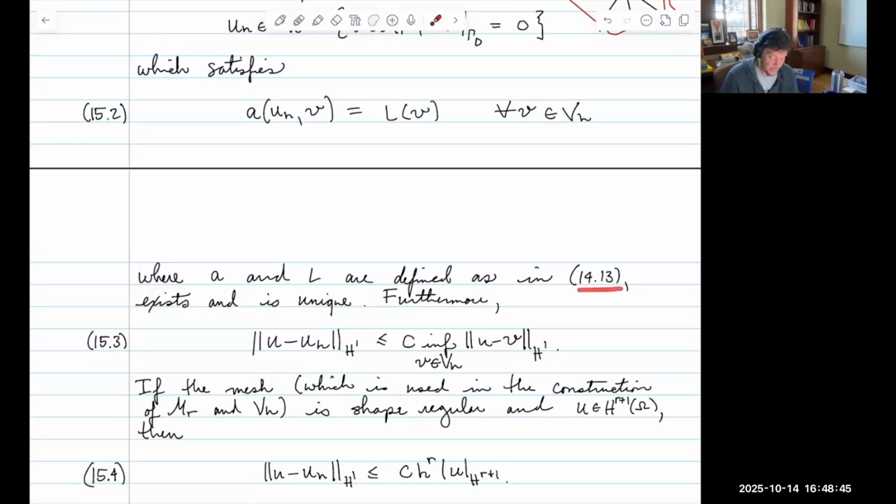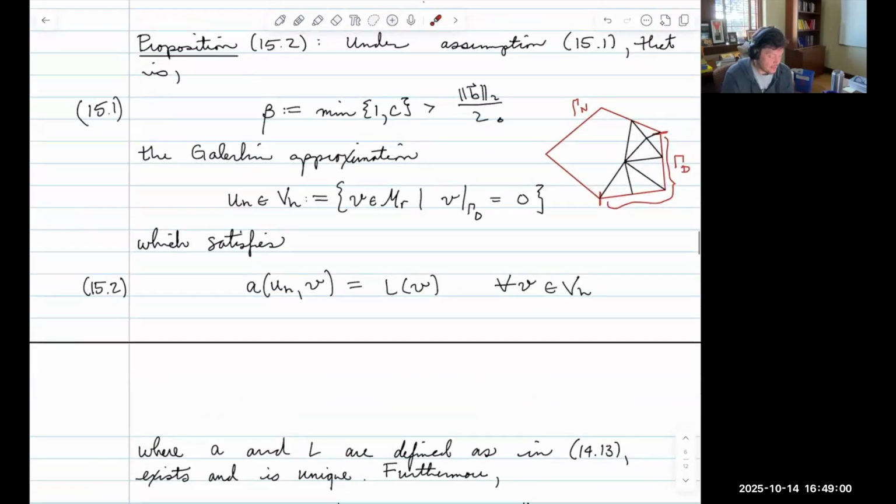Okay, so 14.13, that's where I defined A and L. So you can go back up there to look at those if you need to. But why am I guaranteed that this Galerkin approximation is going to exist? Well, I guess I'll give the proof as I'm making the statement of this proposition.